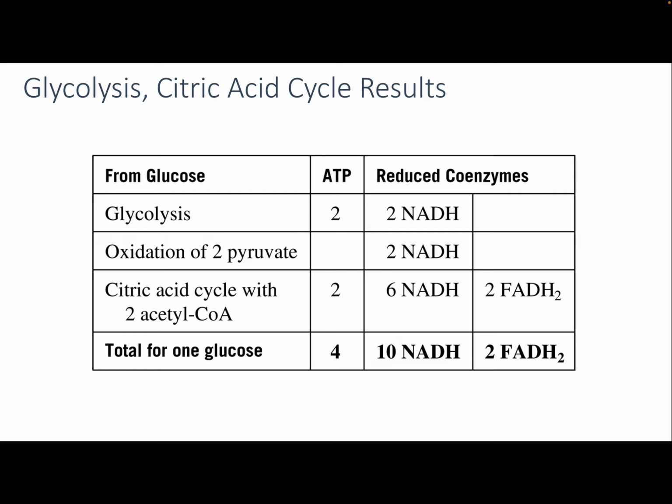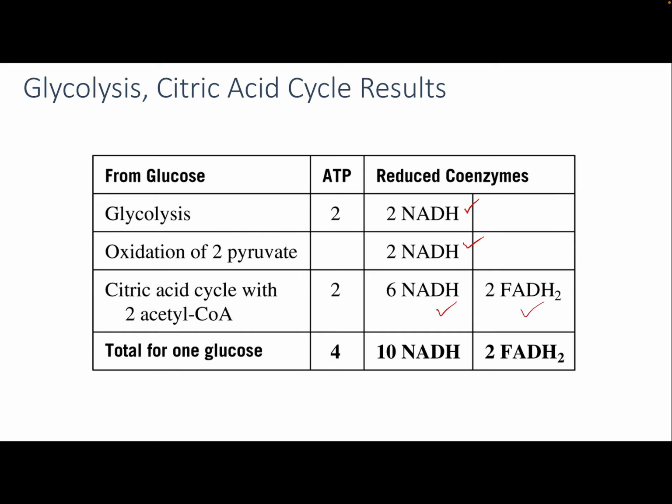Okay, so at the moment, if we keep track of how many NADHs and FADH2s have been generated so far, we know that we have 2 that were formed in glycolysis. There are 2 others that were involved during the oxidation of the 2 pyruvates into the acetyl-CoAs. And there's also 6 from the 2 turns of the citric acid cycle. So this is per glucose, right? Per glucose.